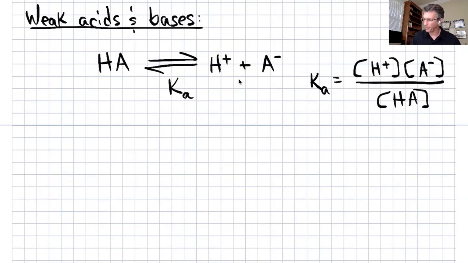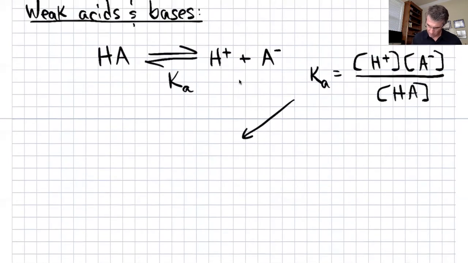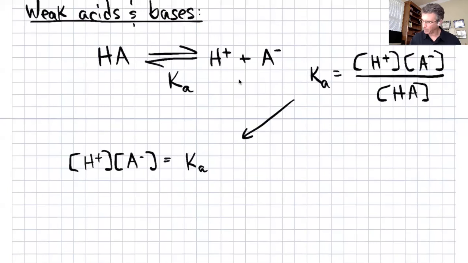And we can multiply that through to get an expression that looks like this, where the proton concentration times the conjugate base concentration is simply equal to the equilibrium constant times the conjugate acid concentration. Okay.